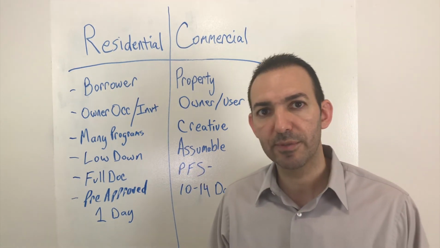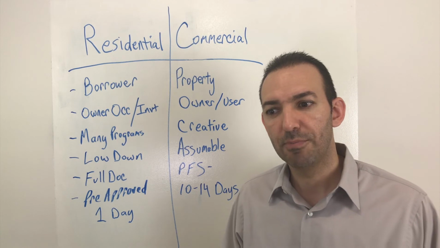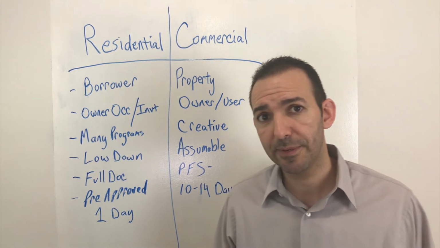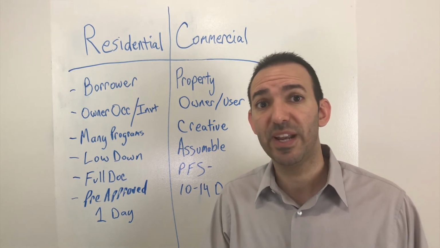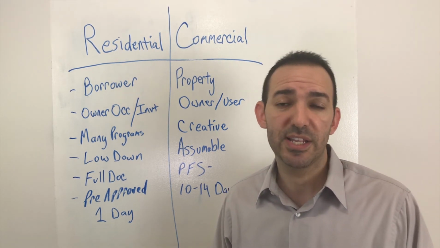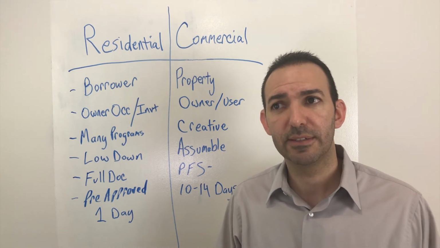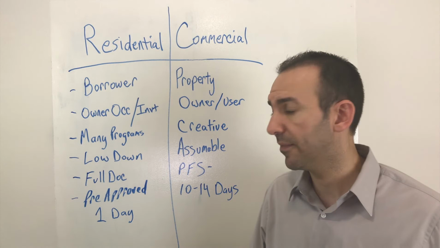They kind of expect that. There are many different programs if you're getting a residential loan, but you can get a lot more creative on the commercial side. Low down payment, could be 5, 10%, 3.5% FHA, whereas assumable loans sometimes could be a really good way to cut that barrier to entry. You can really get in there.